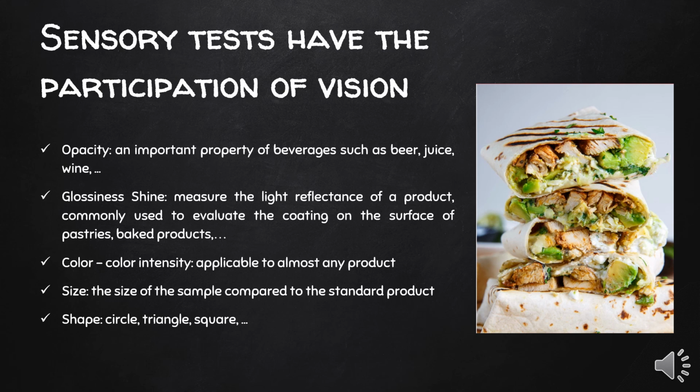Sensory tests cover the participation of vision. Opacity, an important property of beverages such as beer, juice, wine. Roughness, shine demonstrate the light reflection of a product, commonly used to evaluate the content on the surface of packaged product.